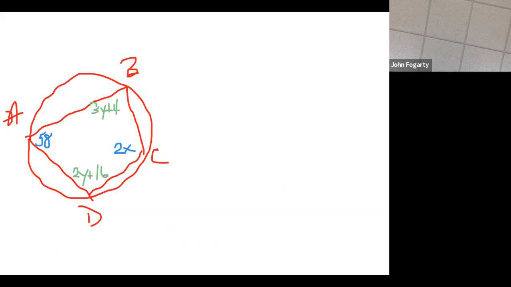So let's go figure out what X is, right? That's the blue angles, right? So what do I know about them? I know that angle C plus angle A equals 180. Everybody see how we did that? Now solve that. Well, I'll subtract 58 from both sides.